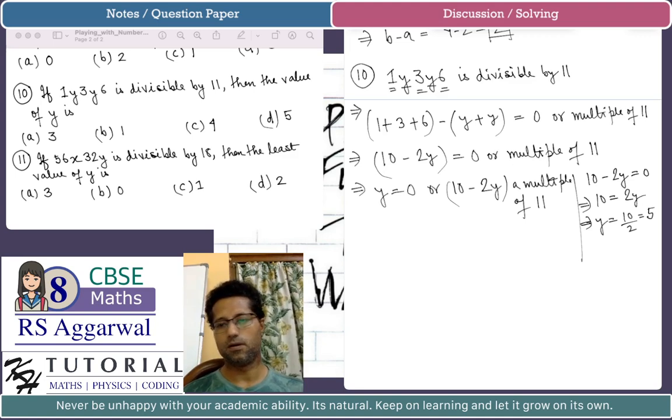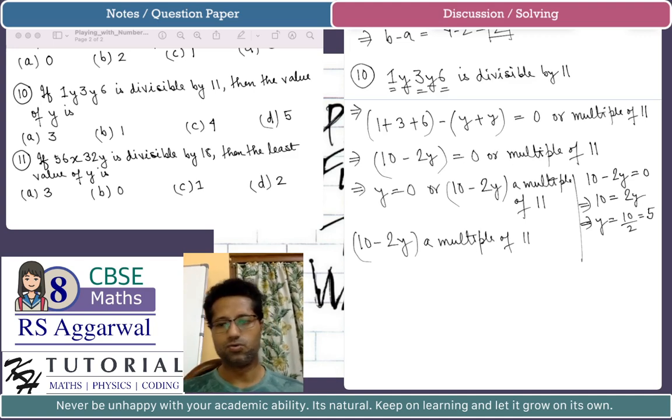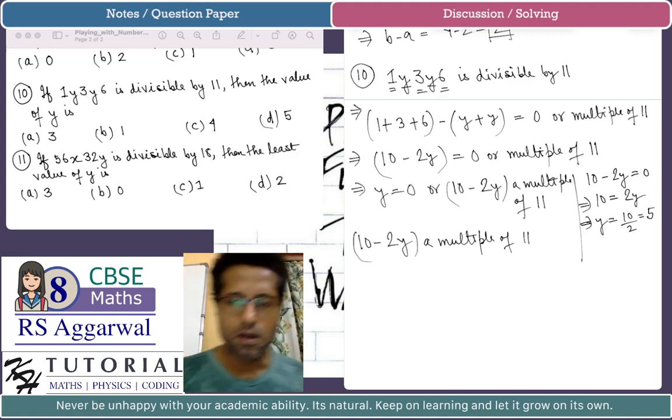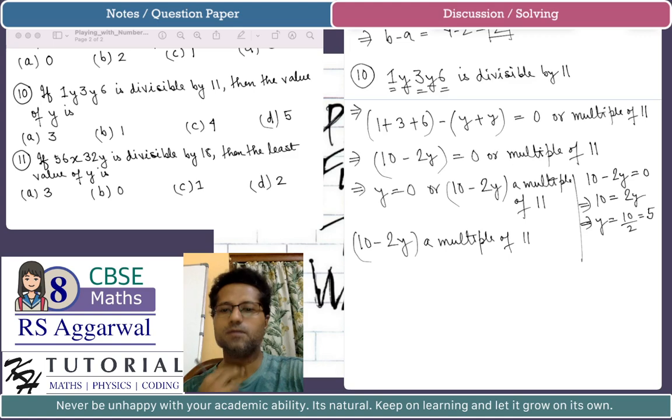So 10 minus 2y a multiple of 11. Is there any value of y, where y is a digit, which will make 10 minus 2y a multiple of 11?